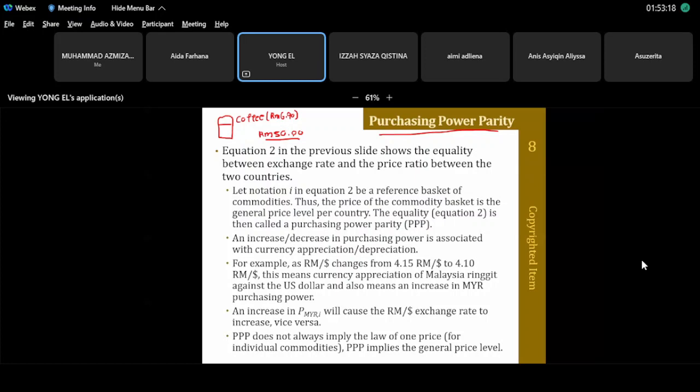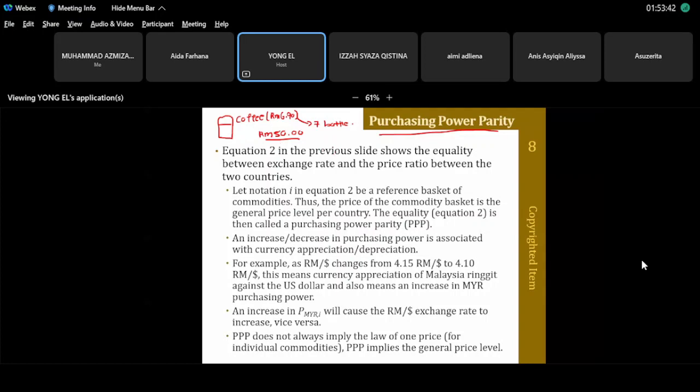With 50 ringgit, you can approximately buy how many bottles? Anyone? Seven. Okay, you got seven. You can get 7 bottles. This is the purchasing power of your money.